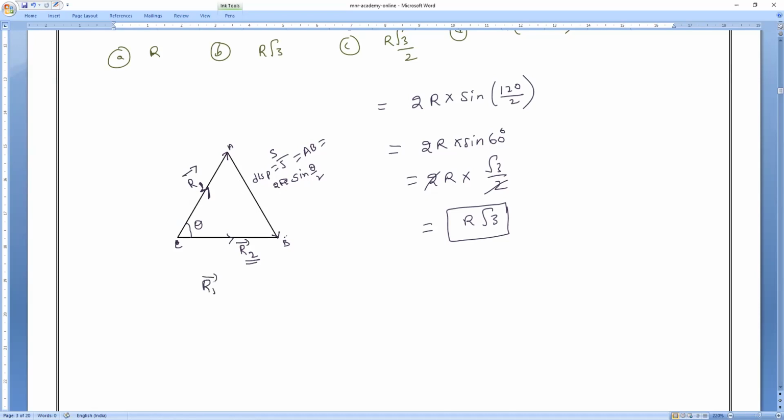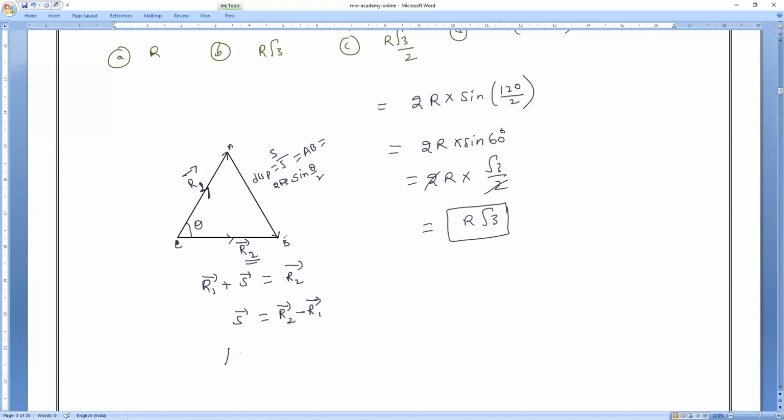So R1 plus displacement equals R2. Now displacement equals what will come, guys? R2 minus R1. Triangular properties. Theta may be 120, 60, 90, whatever it is. So keep it in mind: R1 plus displacement equals R2. Now displacement equals R2 minus R1.